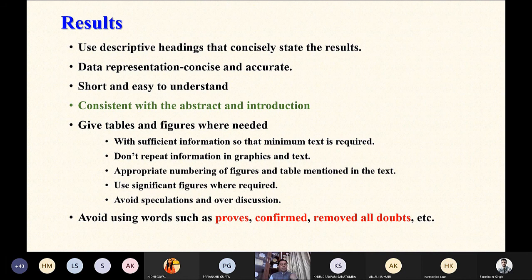We have to indicate only those instead of interpreting each and everything from the statistical analysis.